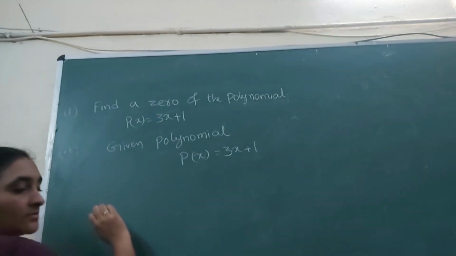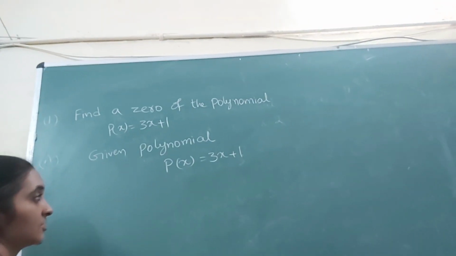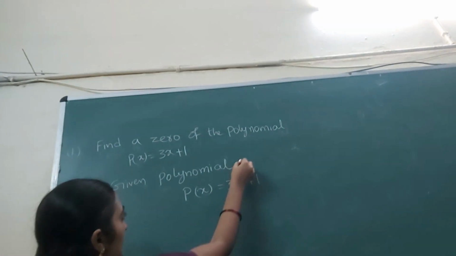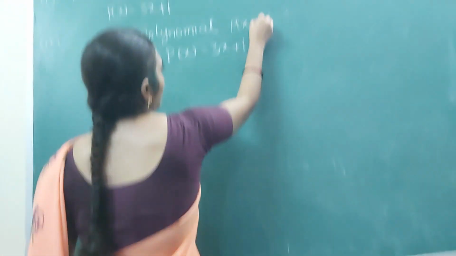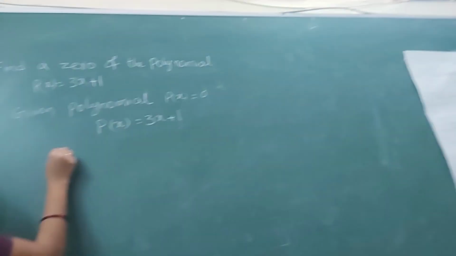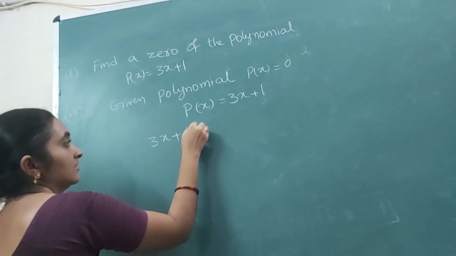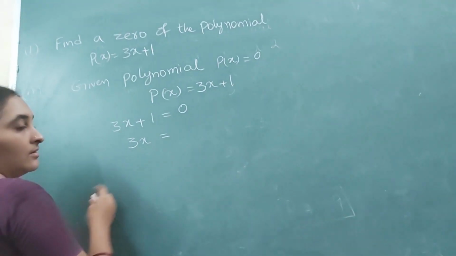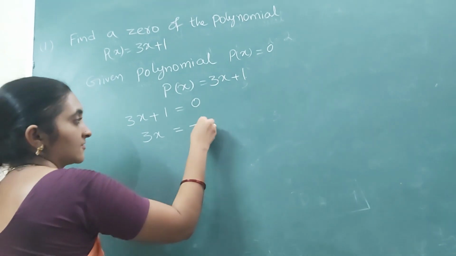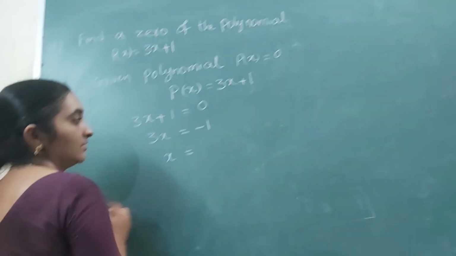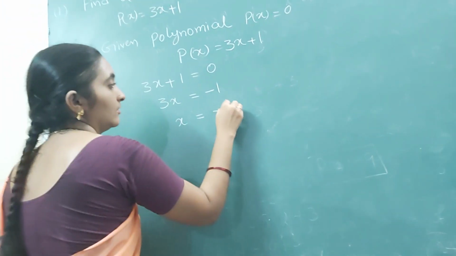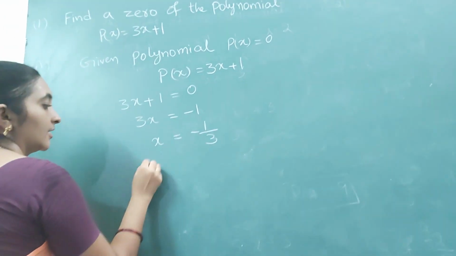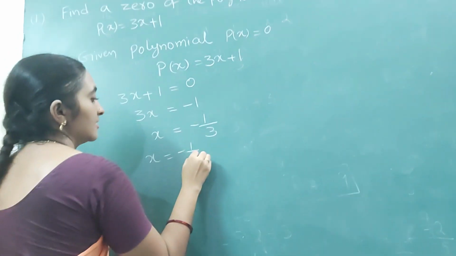To find the 0 of the polynomial, we set p of x equal to 0. That means 3x plus 1 is equal to 0. So 3x is equal to, taking the plus 1 across, minus 1. So dividing minus 1 by 3, we get x is equal to minus 1 by 3.